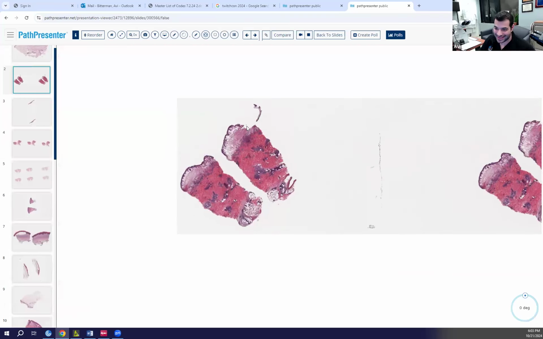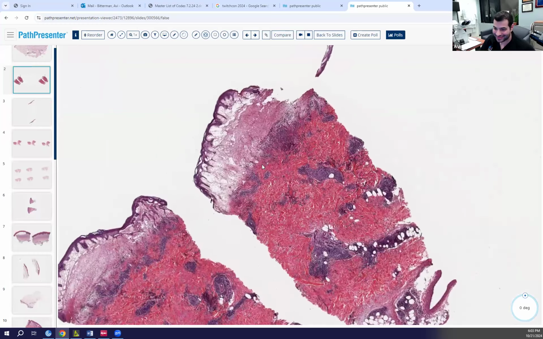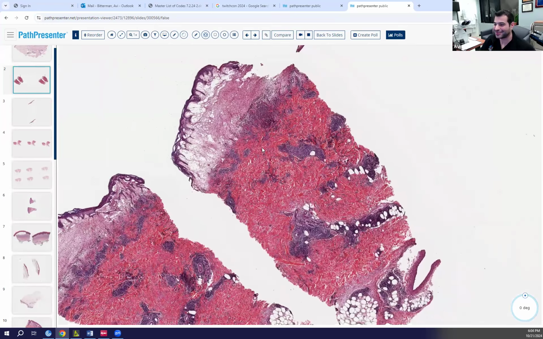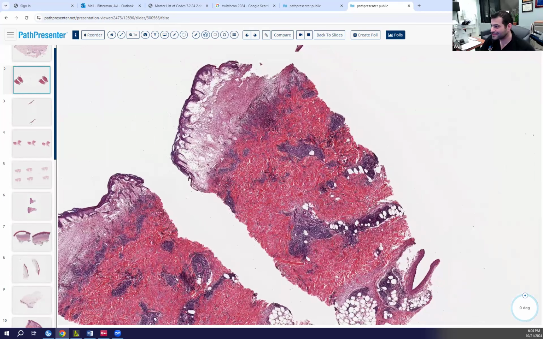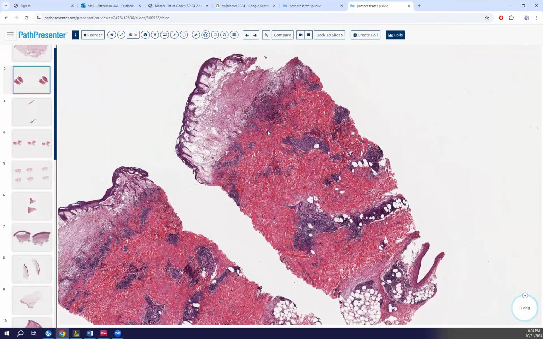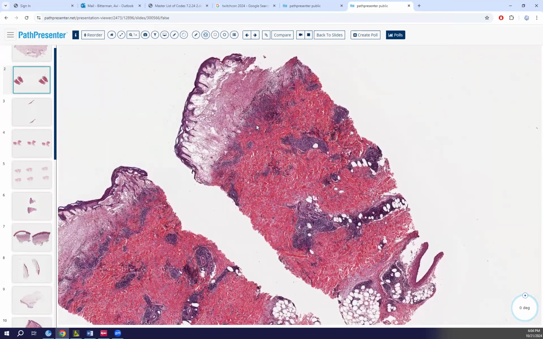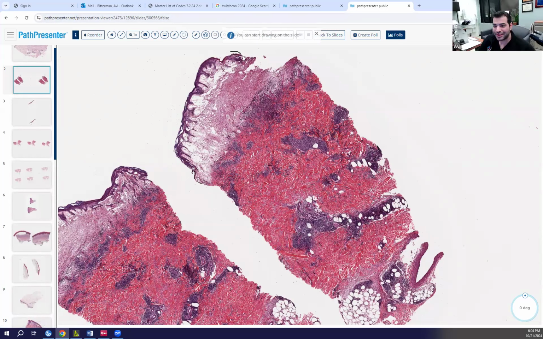As opposed to this, what do we see here? There's a lot of dermal pallor, so it was probably almost like a wheal or something. But it looks like there could be a subepidermal split. Look where the epidermis is.